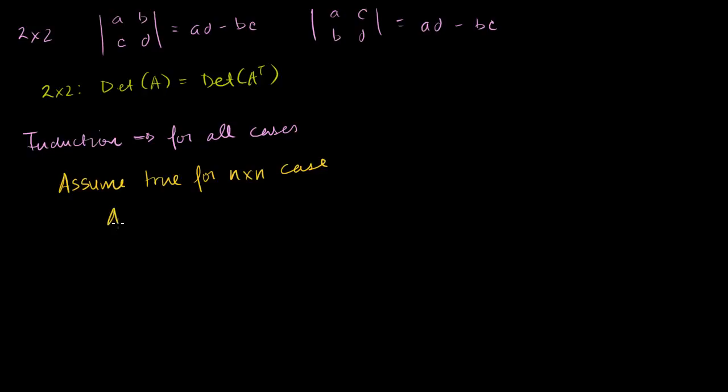So let's assume that for n by n, let's say I have some matrix. Let me call it matrix B. Let's say it's an n by n matrix. We assume that the determinant of any matrix B that's n by n is equal to the determinant of B's transpose.